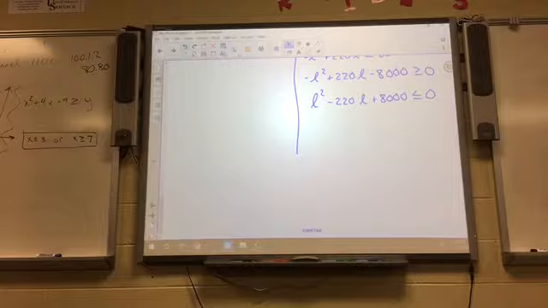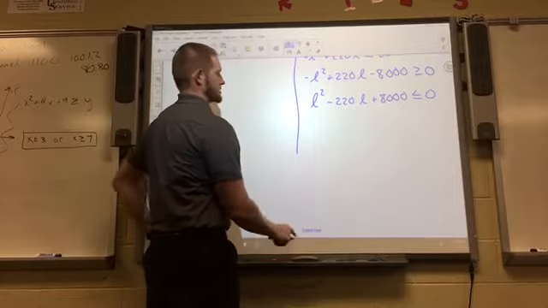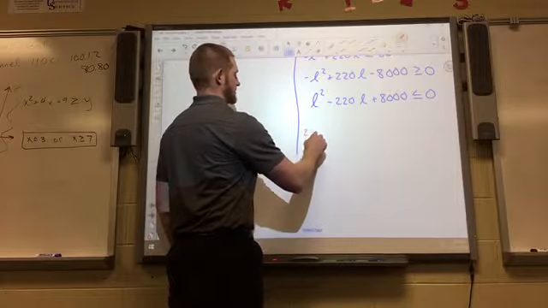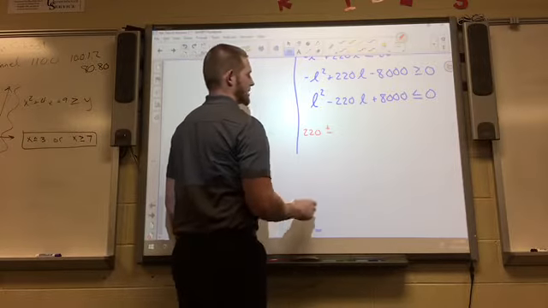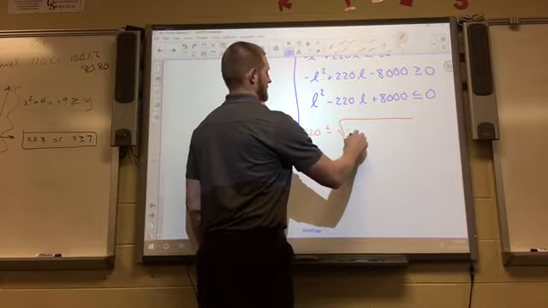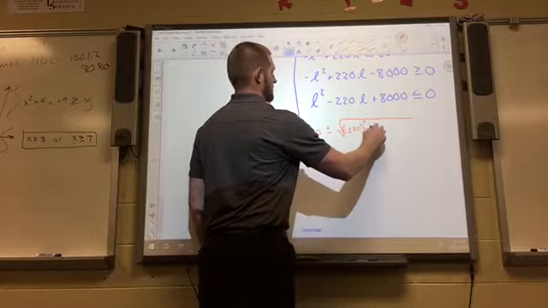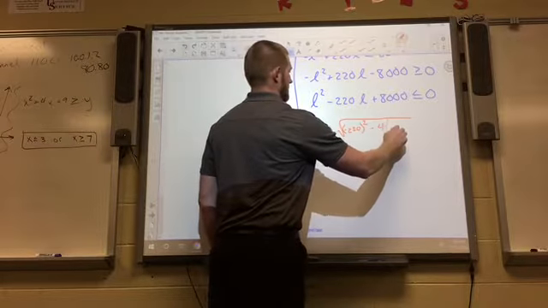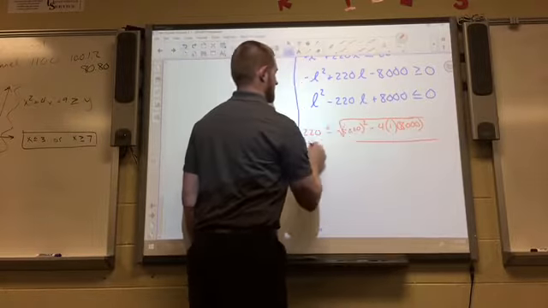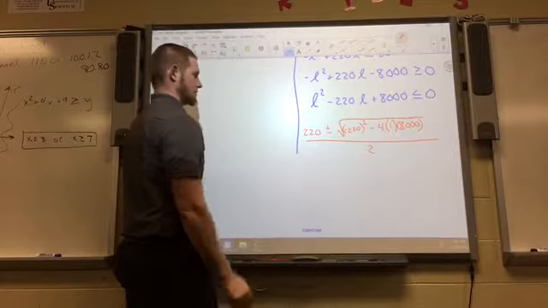So now I should be able to plug this in to the quadratic formula and figure out what my range for L's are, correct? Hopefully you guys got a calculator handy because some of these numbers might be kind of big. So negative B is positive 220 plus or minus the square root of negative 220 squared minus 4 times A times C, all over 2 times 1, which is 2.